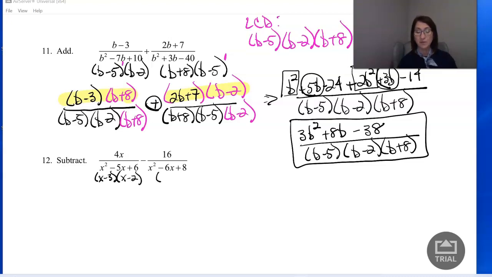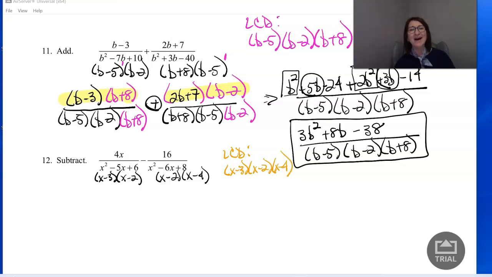And then for the second one, it'll be x minus 2, x minus 4. So our LCD for this one is going to be x minus 3, x minus 2, x minus 4.